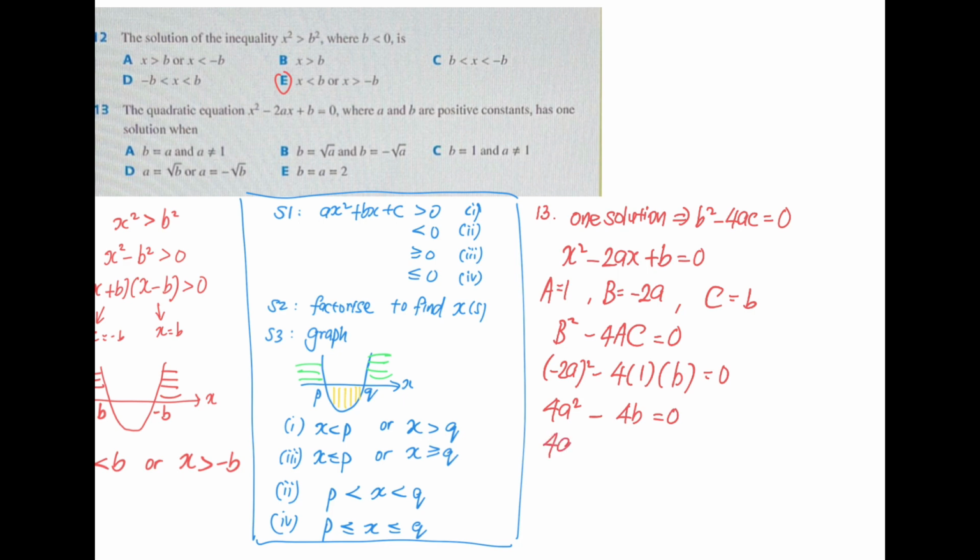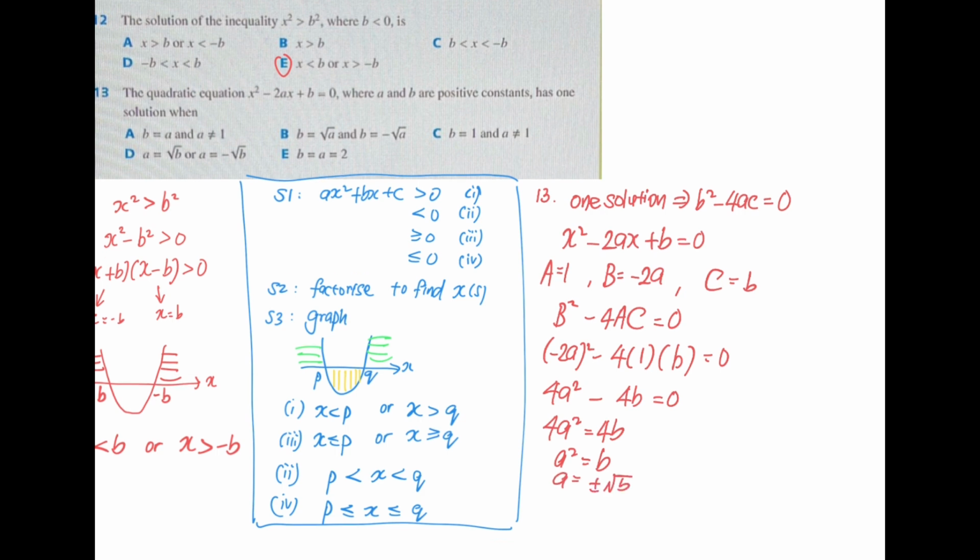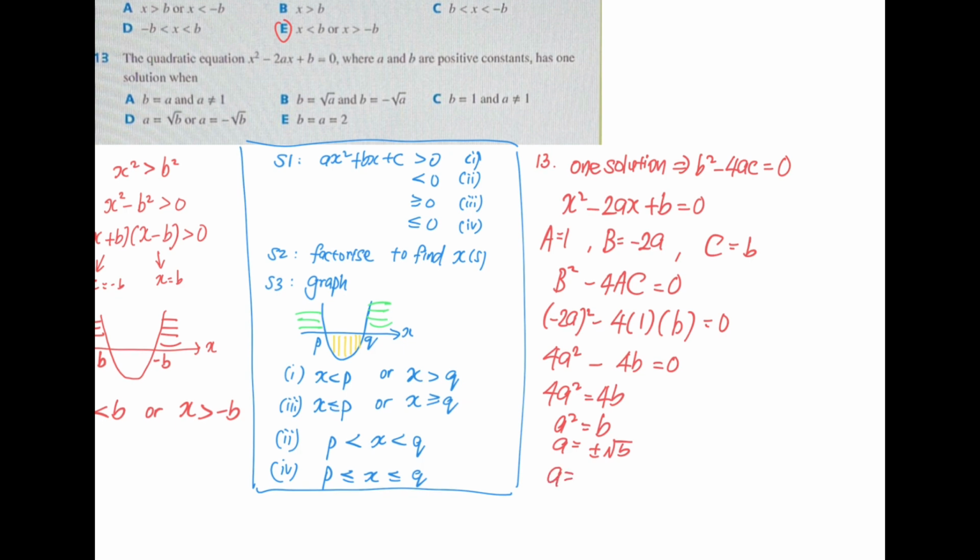Then we have 4a squared equal to 4b, a squared equal to b, a equal to plus minus square root b. That means a equal to square root of b, a equal to minus square root of b.